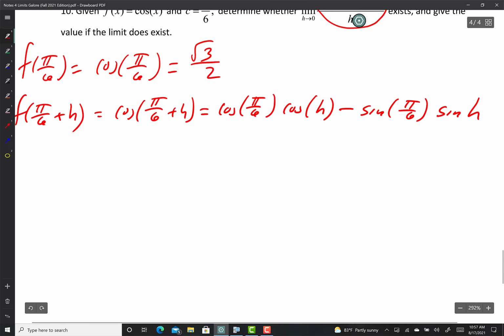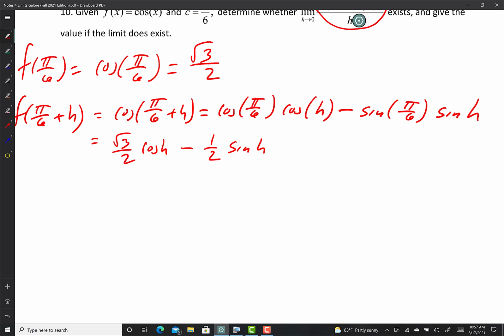Before I solve it, let's turn these into numbers. Cosine pi over 6 is square root of 3 over 2. Sine pi over 6 is a half. Now I'm ready to do this.